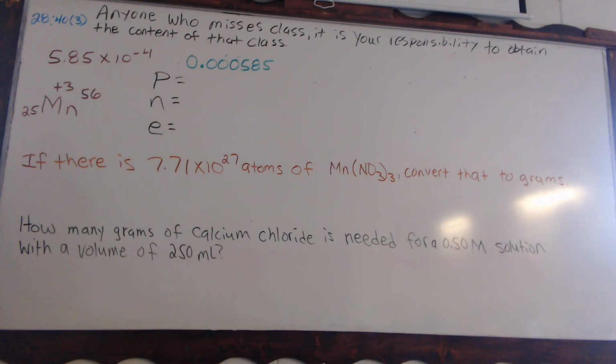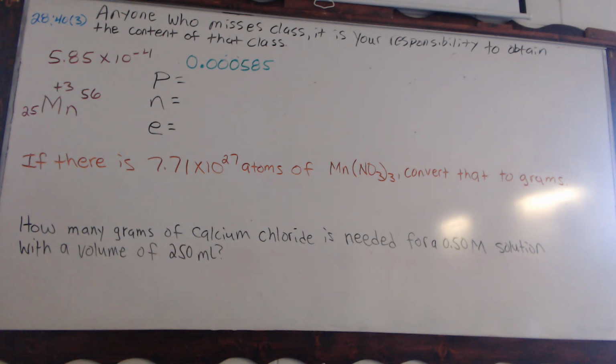So in this case, we identify the element by giving you the atomic number. So if we're looking at element 25, that's the atomic number. And what does the atomic number tell you? It tells you the number of protons.